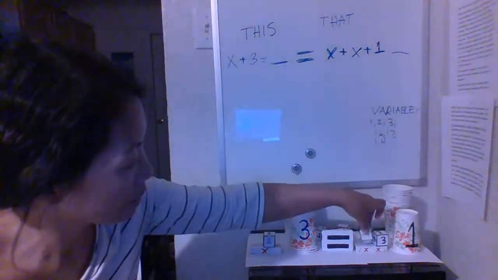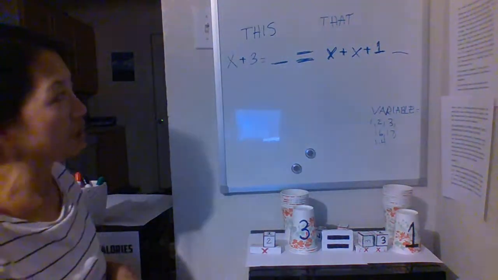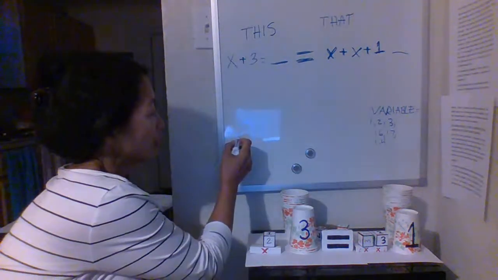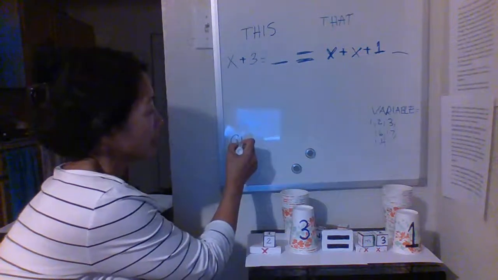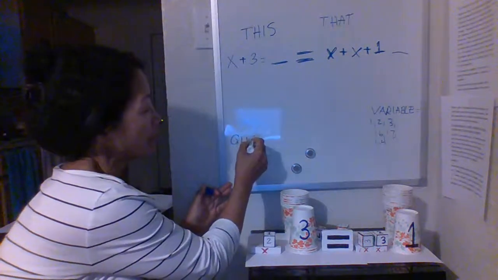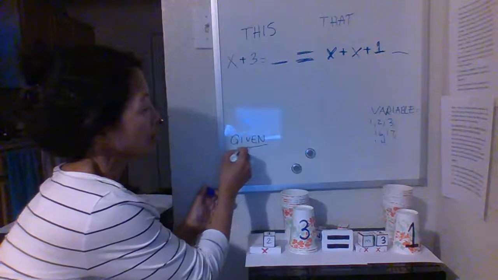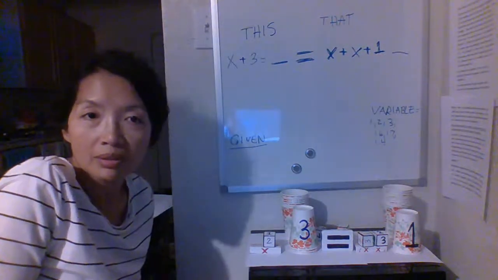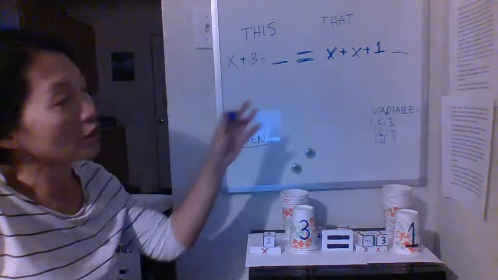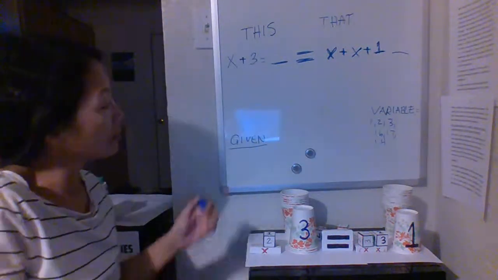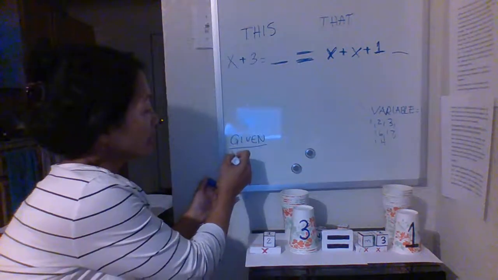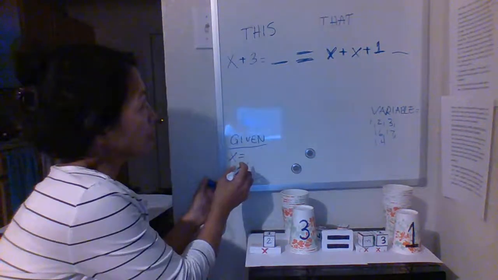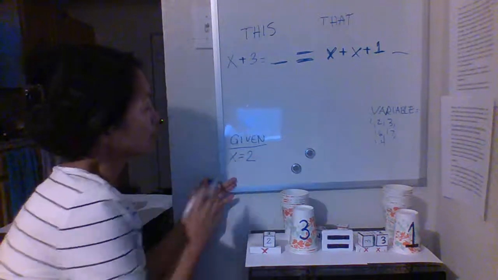I'm going to give you a given. Givens are something you want to look for because they're going to be clues to help you solve your equation. So I'm going to give you the given that x is equal to 2.